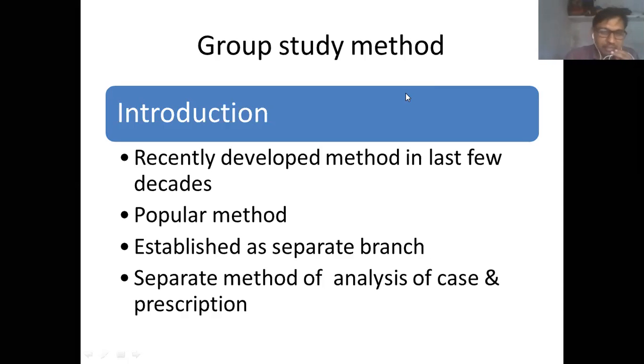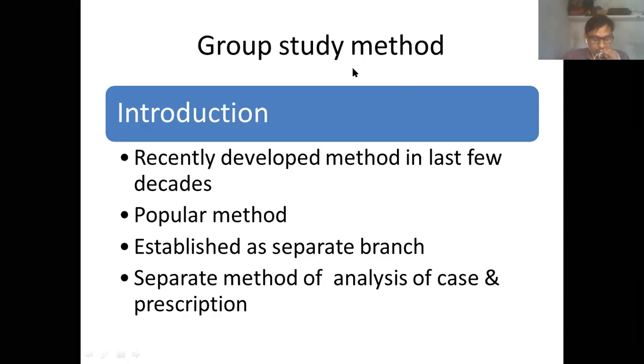Now, all the methods we have seen up to now were methods from centuries before, the 18th century and 19th century, belonging to those eras. But this group study method is a recently developed method to study homeopathic mathematics in the last 4 decades.